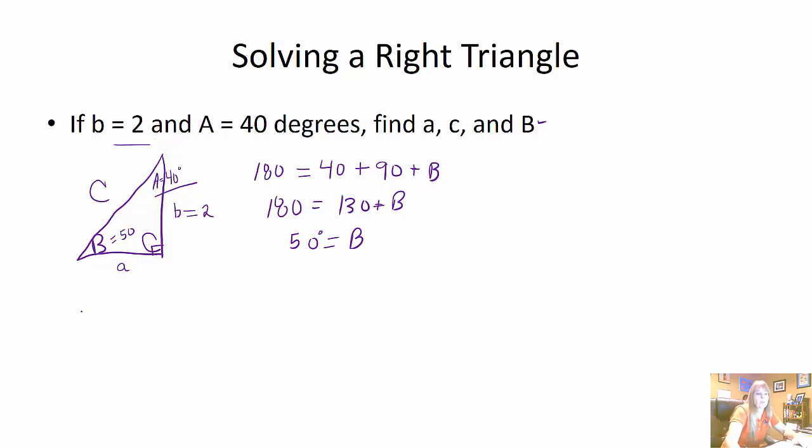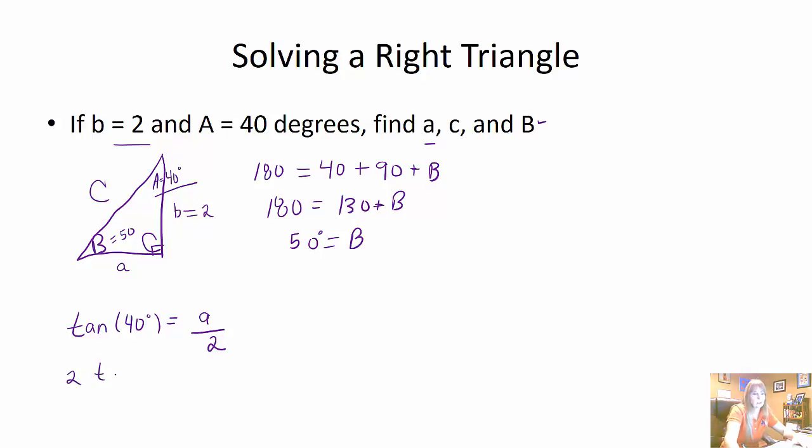So if I took the tangent of 40 degrees, which is opposite a over adjacent 2, that would allow me to solve for a. You might say, why didn't you use the sine or the cosine? Well, if I use one of those, then I don't know what c is, the hypotenuse. With this angle, all I don't know is the opposite, a, so I can solve for a.